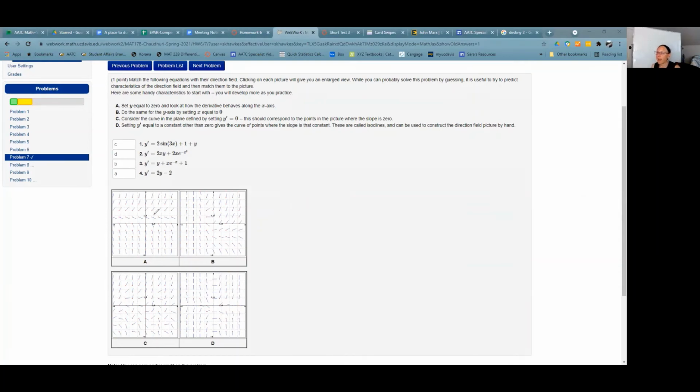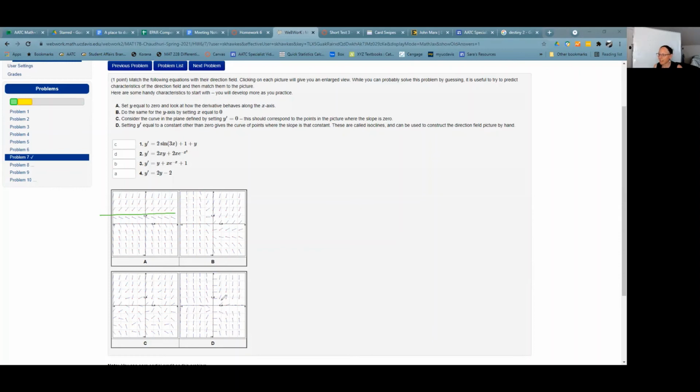If I look at my picture for A, the flat slopes aren't actually drawn in, but I can kind of tell that the slopes from above are flattening out and the slopes from below are also flattening out. So even though it doesn't show me the place where the slopes are 0, I can kind of imagine that it's in there.